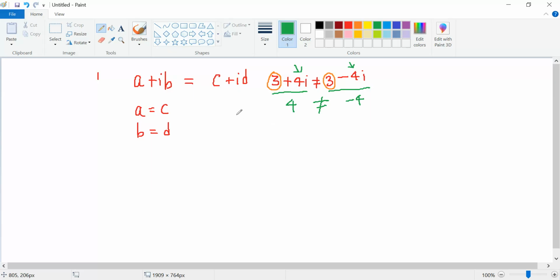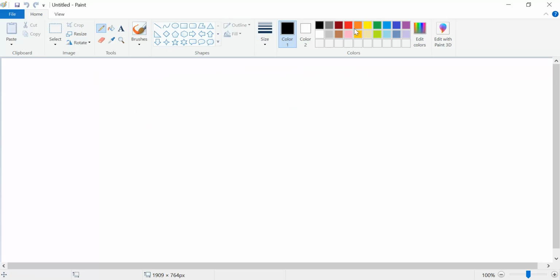We can now move on and look at a different type of question. Let's say we have a complex number 3 plus 4i, and I say that this complex number is equal to another complex number x plus 4i.